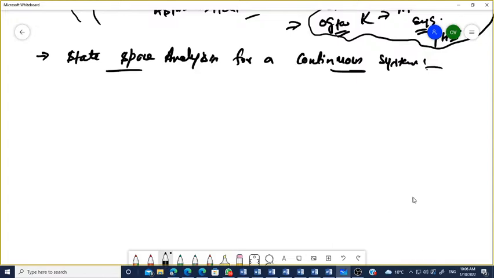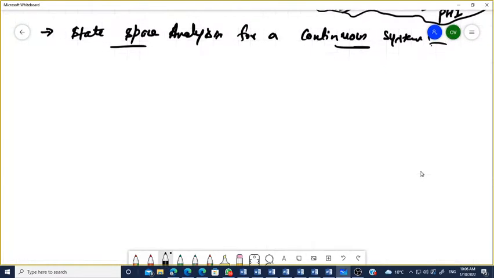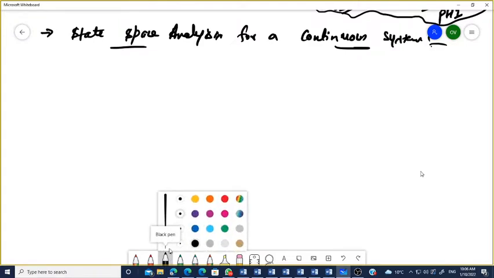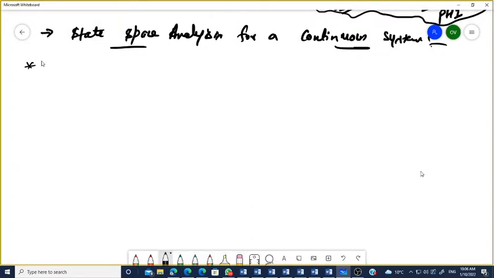So you don't expect from this subject that we are going to cover some theory part. In the introductory part, however, I will try to cover how state space analysis evolved, and what is the need of state space analysis.